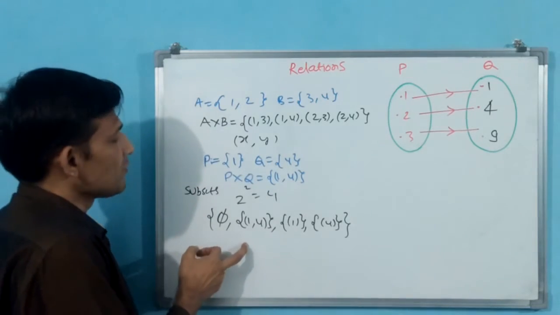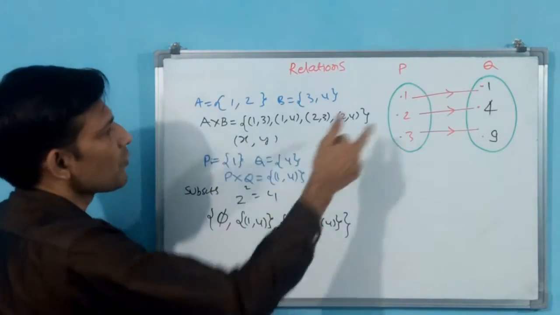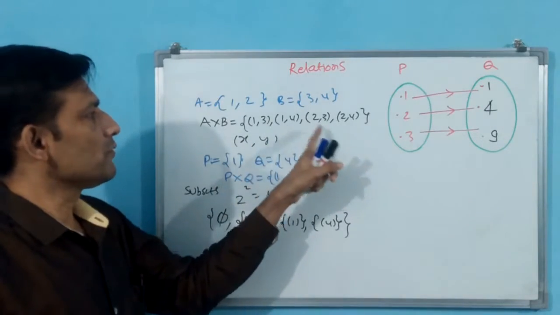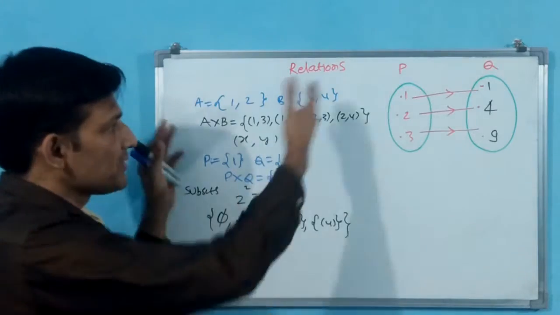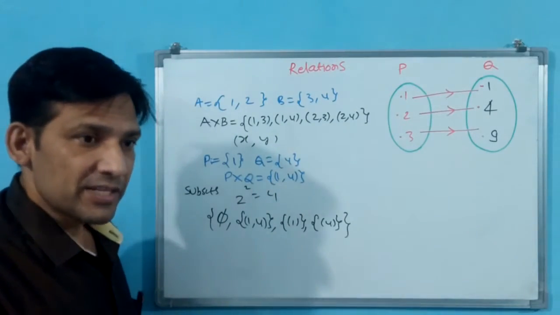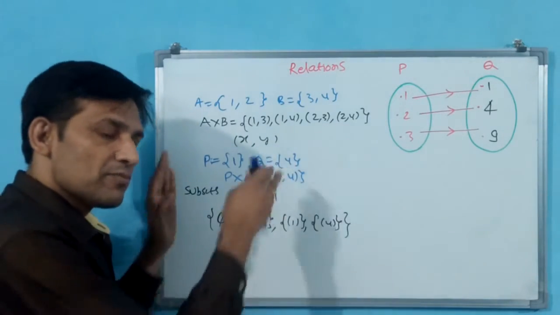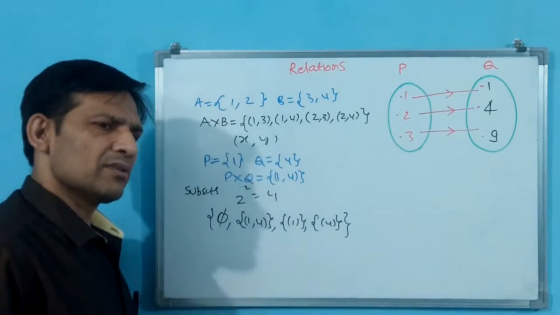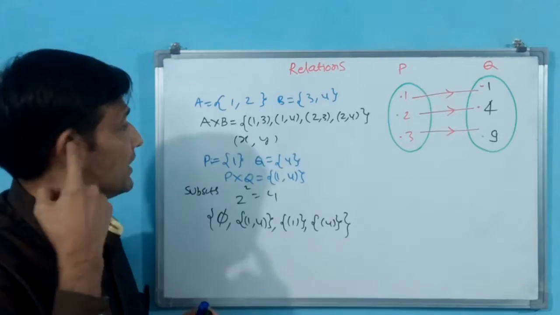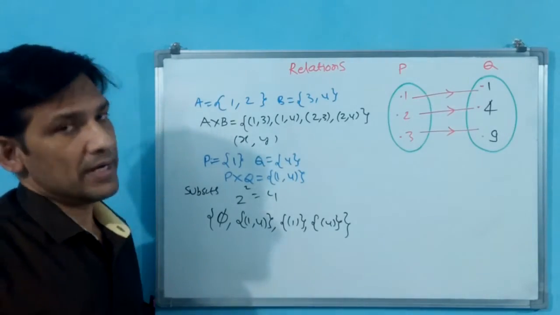If you compare this with the earlier case, here how many subsets are going to come? 2 power 4, that means 16 subsets are going to come. A relation will be one of these subsets, or a subset, or the full set. That is the concept we have to understand.